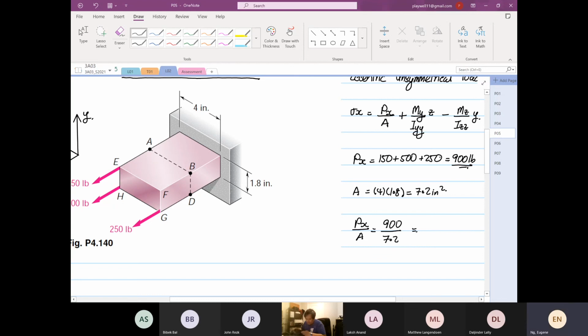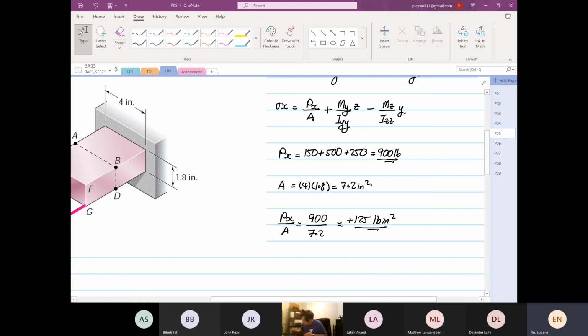So it's equal to 125 pounds per inch squared, or PSI, positive. Let me do it again: 900 divided by 4 times 1.8, it's 125 PSI positive.